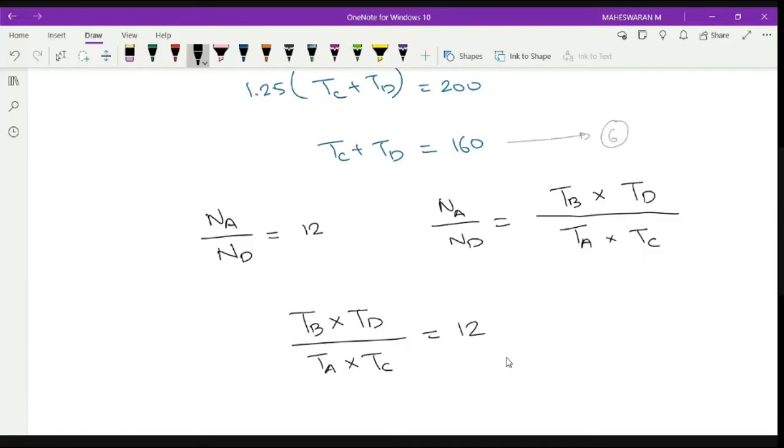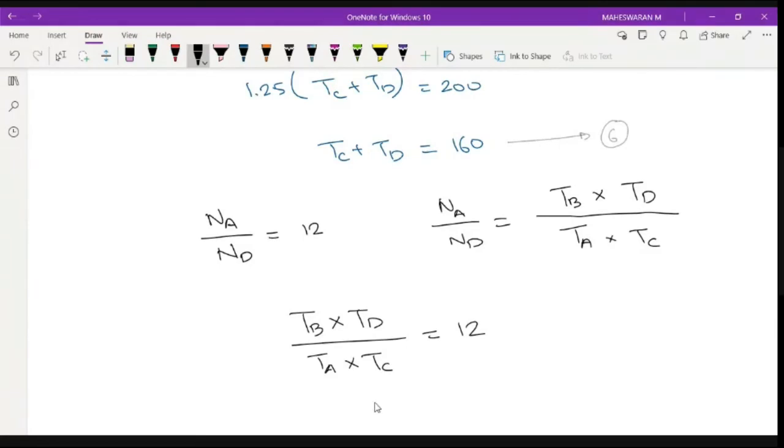So it is the product of the ratios, so you have to take a product of this. Okay, so you are getting something like this.